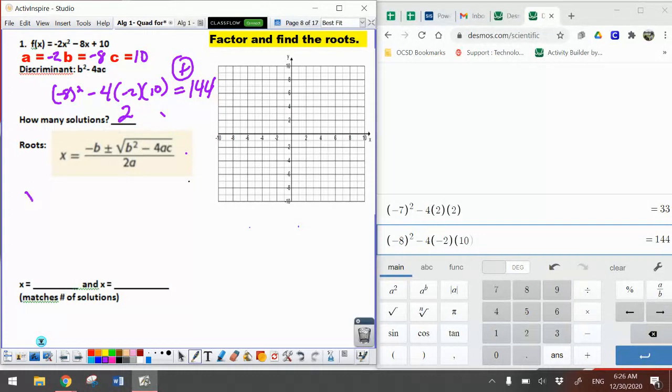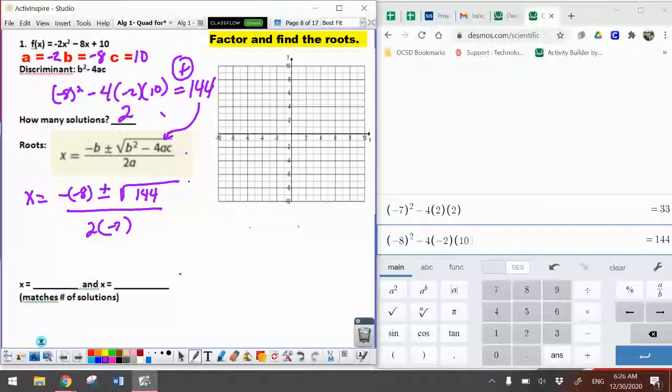So now we're going to substitute into our equation. We have -b plus or minus, and my 144 goes right under that radical. Now I'm going to put in my b again. So here's my -8, and my a is -2. You have to be very careful with not losing negatives on this formula, okay?